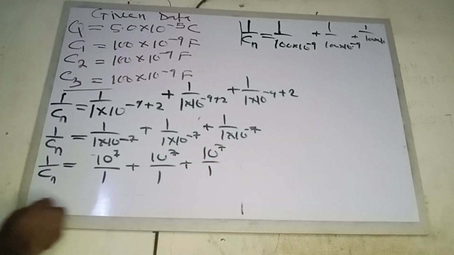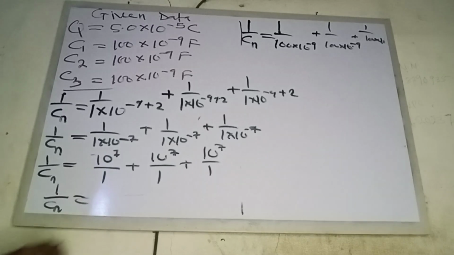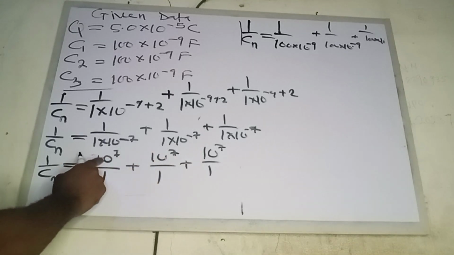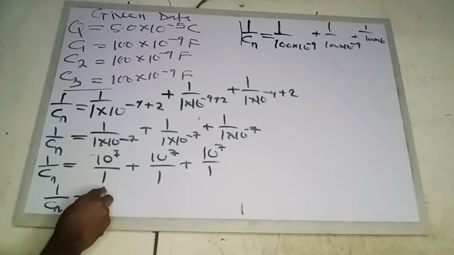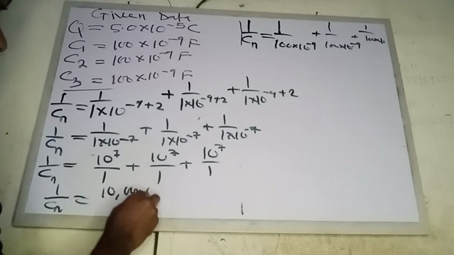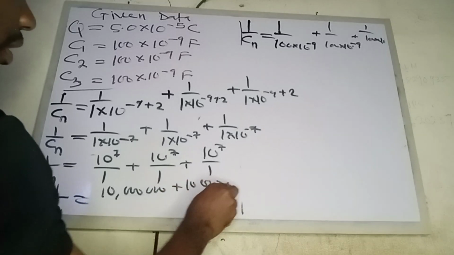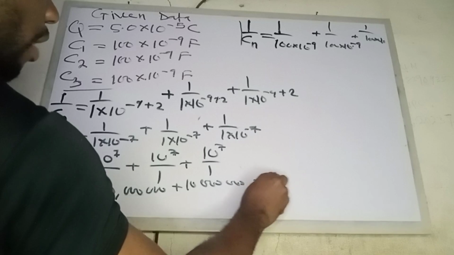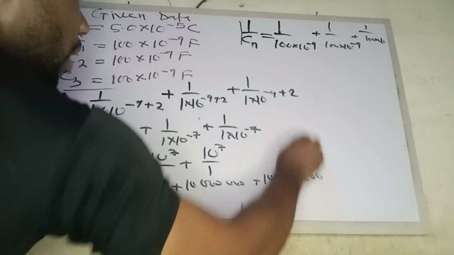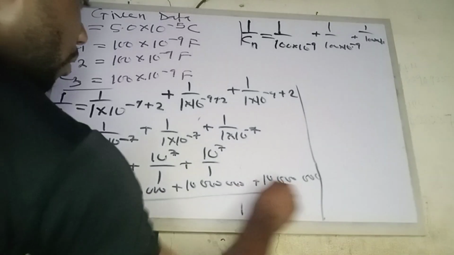This is like 10 million. We don't want to use indices, so 10 million plus 10 million plus 10 million gives us 30 million over 1.